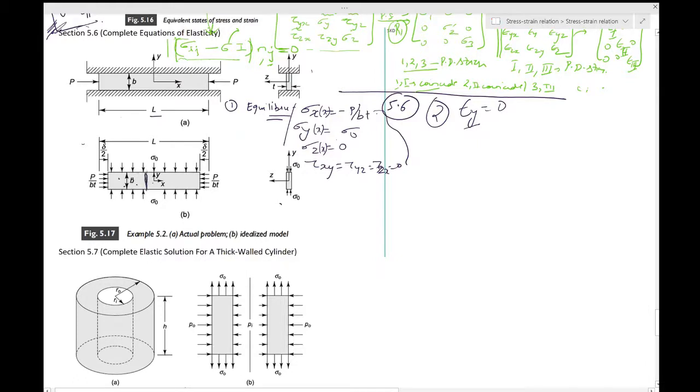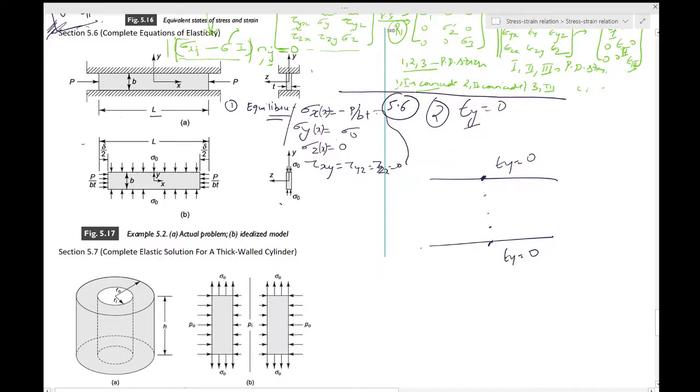There is a reason for that, and let me tell you that reason. You know that the strain at this point and this point is 0, so epsilon y is equal to 0 at both. Now why do I say that it must be 0 internally as well, meaning over here and here and so on?